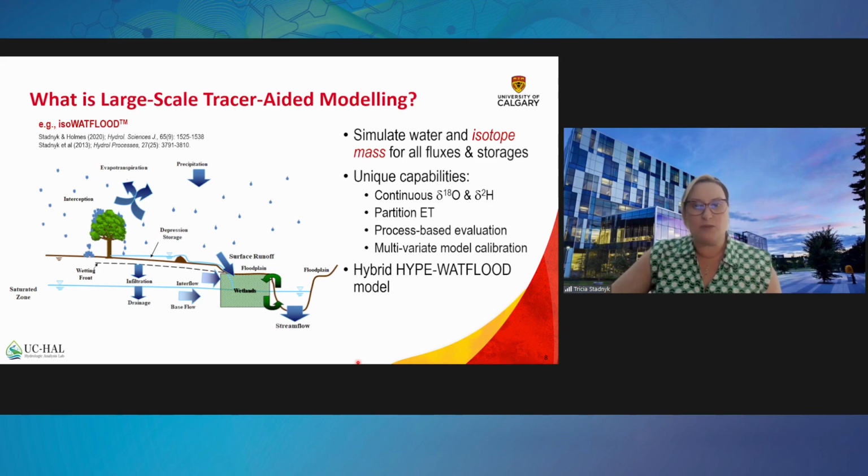And the isotopes are a useful tool because they are conservative and only change under the influence of evaporation or mixing of different sources. This helps us to specifically track storages that are affected by changes as a result of things like evaporation. We can improve model calibration and validation by using tracer-aided simulation in a couple of ways.